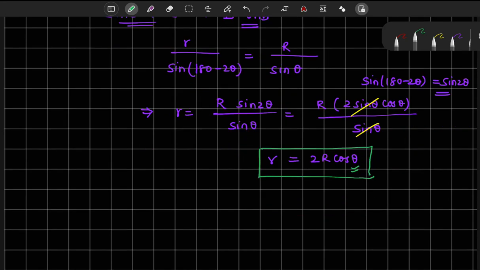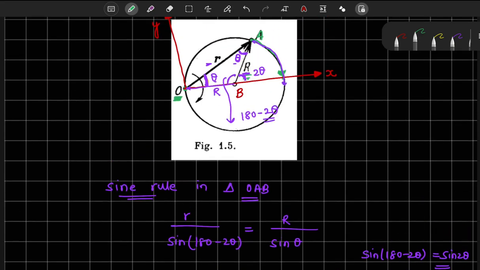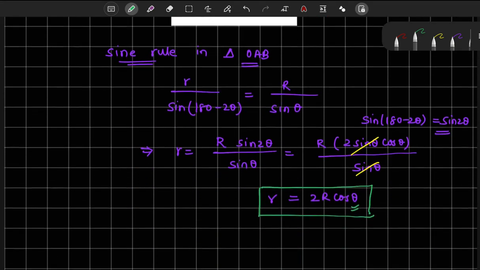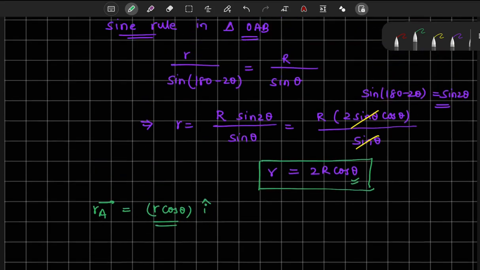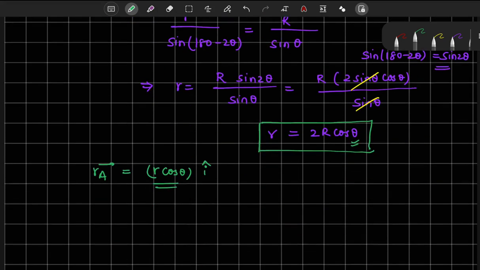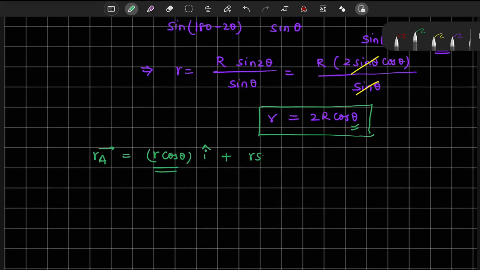Okay, now if we write the position vector of A, it is equal to r cos theta i cap, that is the component in the x direction, plus r sin theta j cap.